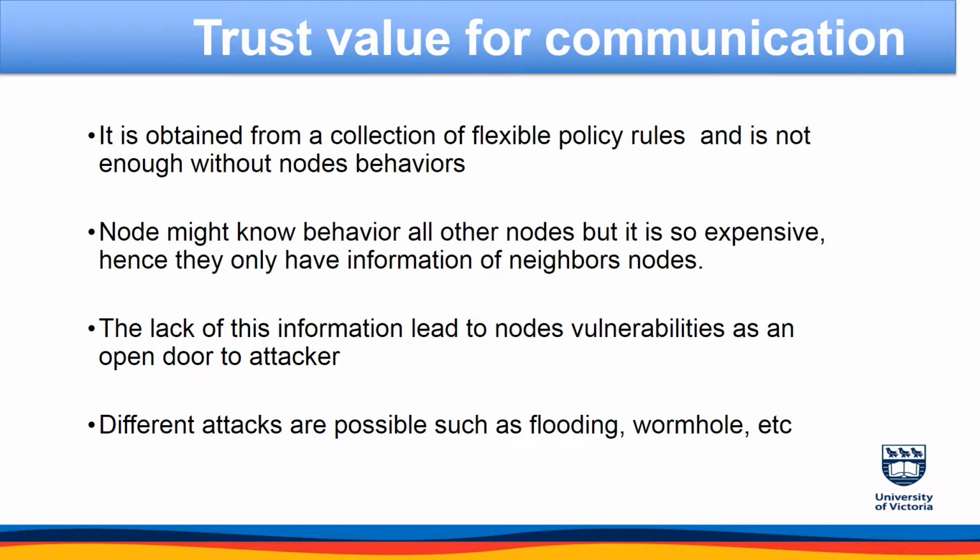That's why in MANET, nodes have information only about their directly connected nodes, which are called neighbors. The lack of this information leaves MANET vulnerable and facing other attacks. One of the best-known attacks on MANET is the wormhole, which we'll be discussing in the next part.